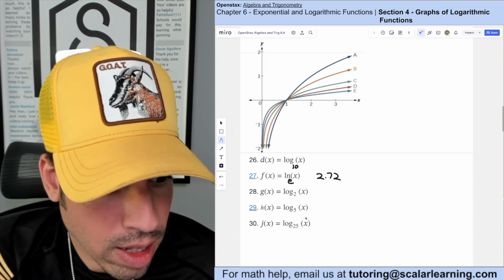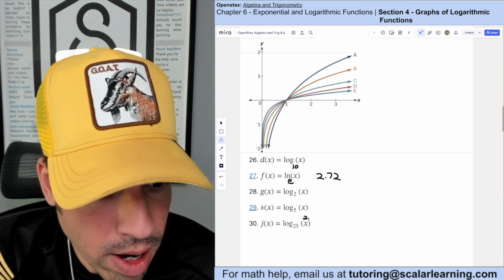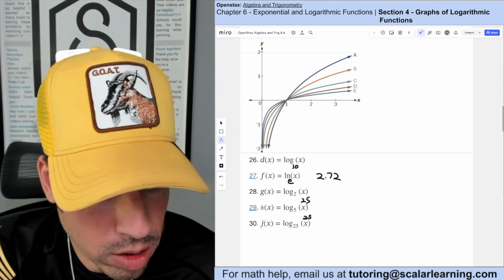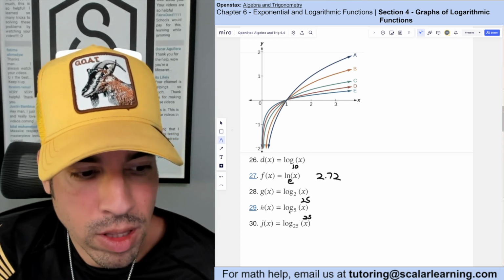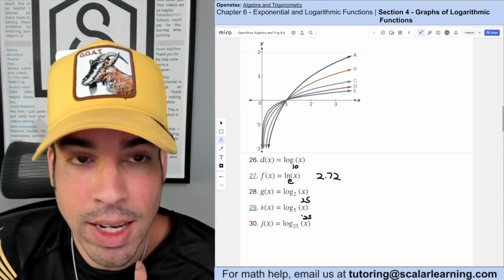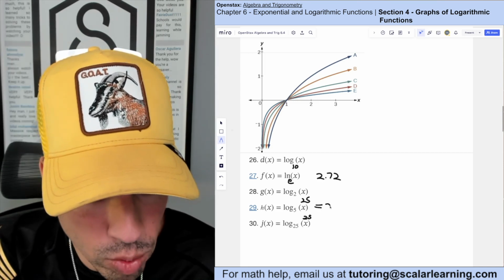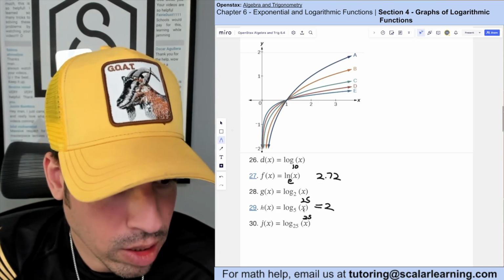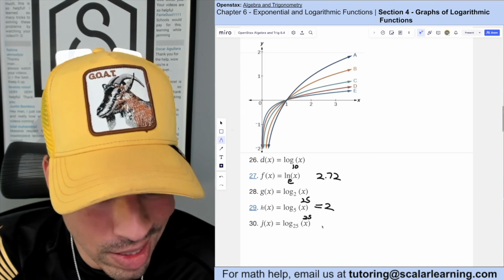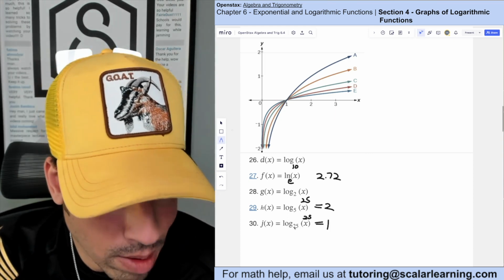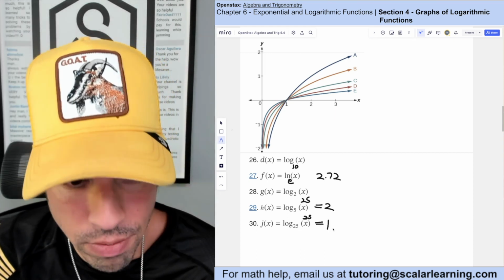Let's say that we have 25 taken as an argument for both of these, okay? So remember that log base 5 of 25 is asking the question, 5 to what power is 25? So for this one, it'll equal 2, right? So for a particular x value, this is going to be 2 when this is only going to be 1. You see that? Because 25 to what power is 25? This is the first power.